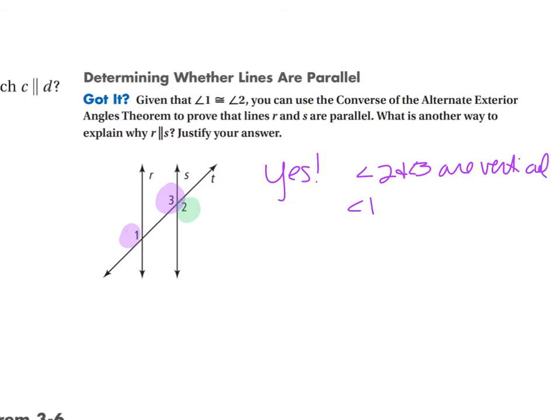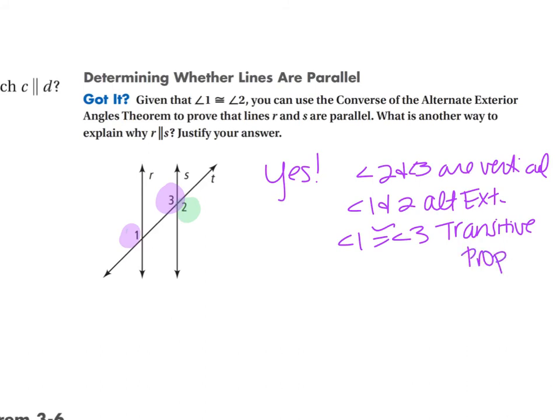And angles 1 and 2 are the alternate exterior, like they said. And so by the transitive property of congruence, 1 and 3 must be congruent. So I guess I did make you do a proof, but it wasn't a formal one. Just kind of explaining.